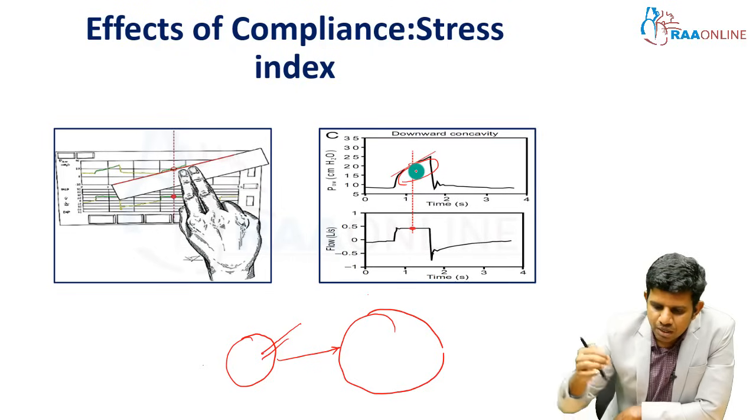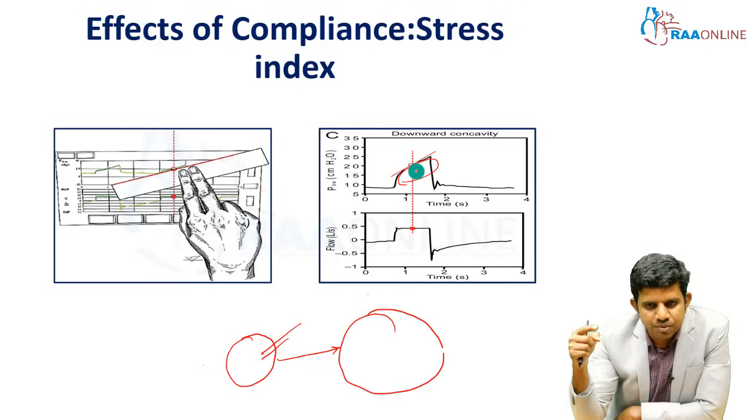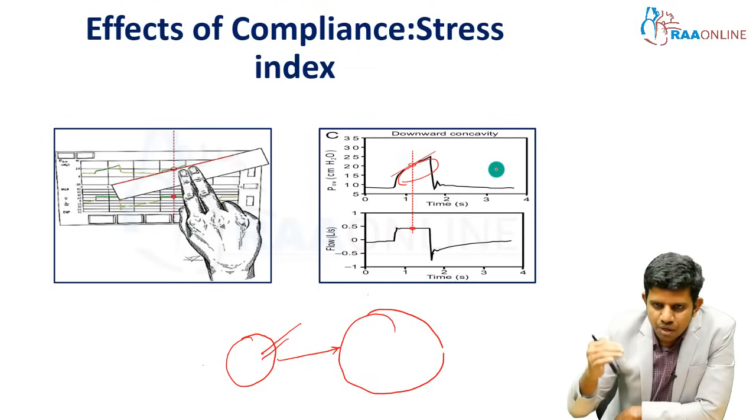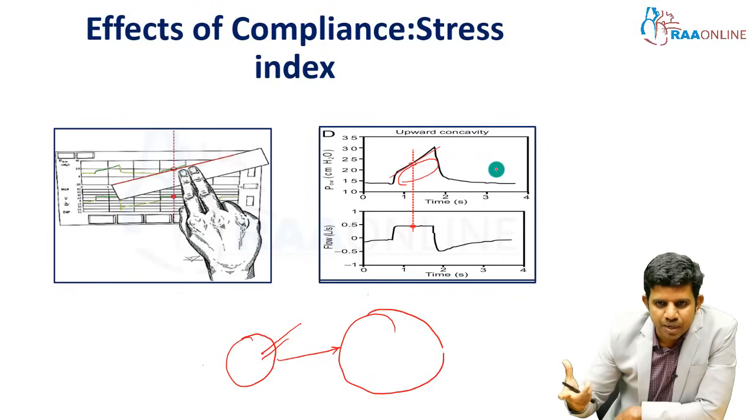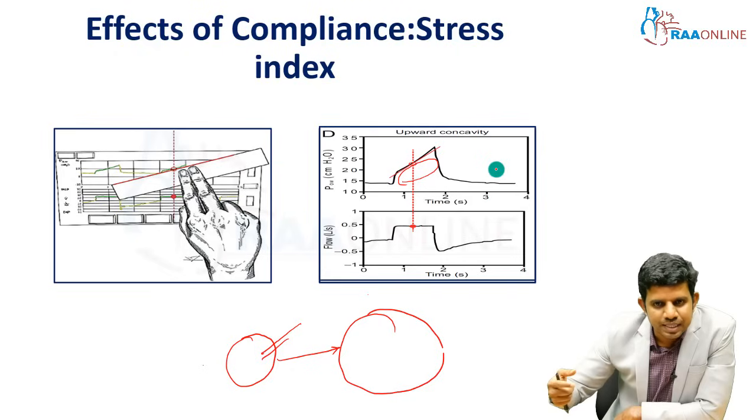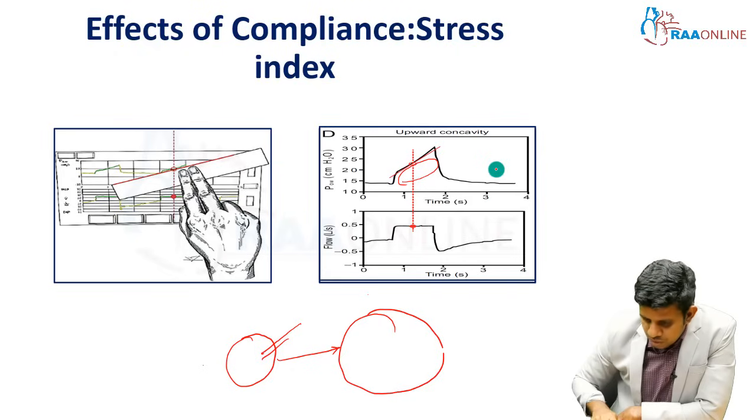If it is a downward concavity, it is overdistension, the stress index is more than 1, and you have to come down on your PEEP. If it is an upward concavity, a lot of recruitment is happening during inspiration, the alveoli are opening up, so you can increase the PEEP to prevent opening and collapsing.